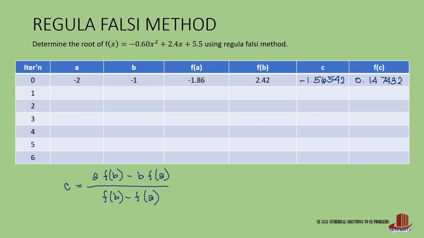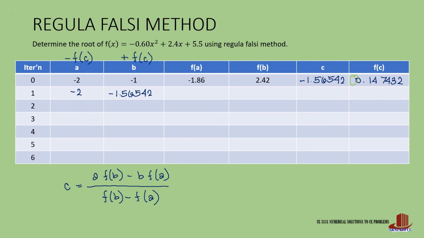Again, if we plug this value into our function, we get 0.147432. Notice that this is a positive, which would mean that we are going to maintain our value for a, which is negative 2, but b would be replaced by c, which is negative 1.56542. Thus, we can still say that a positive f of c would change the upper limit, and a negative f of c would be replacing the lower limit.